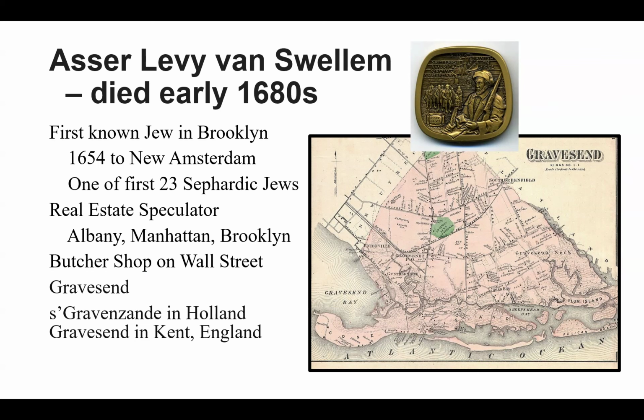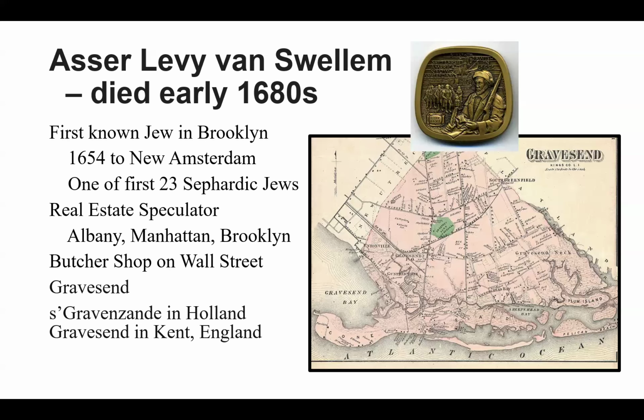He ended up becoming a rather successful real estate speculator, buying and selling land in Albany, Manhattan, Brooklyn. At one point, he owned a butcher shop on Wall Street, and eventually ended up settling in the area called Gravesend, which is in Brooklyn today.